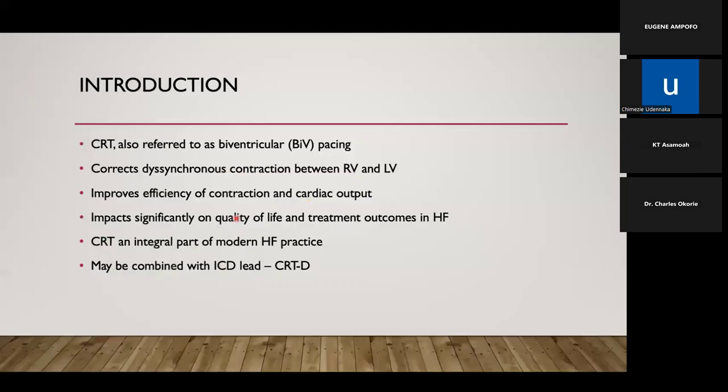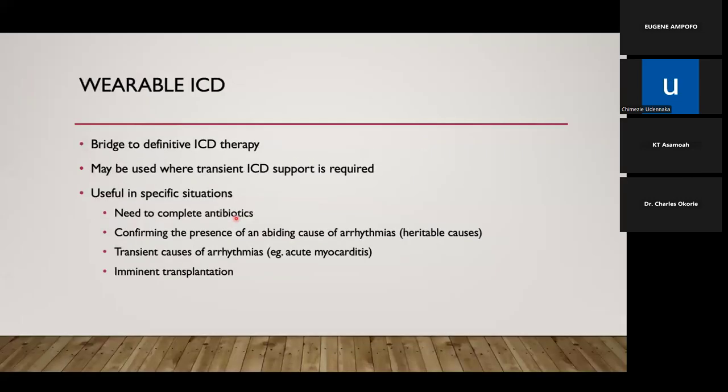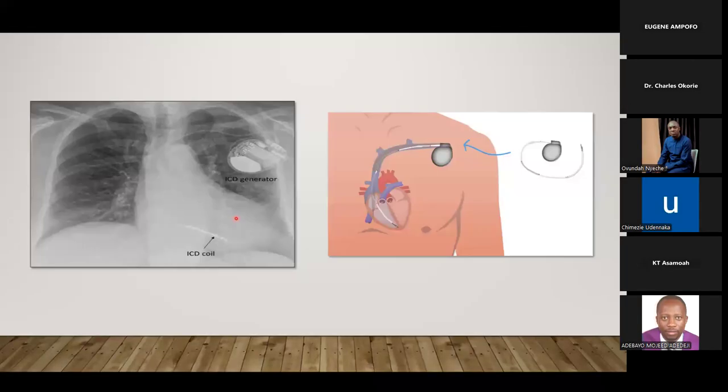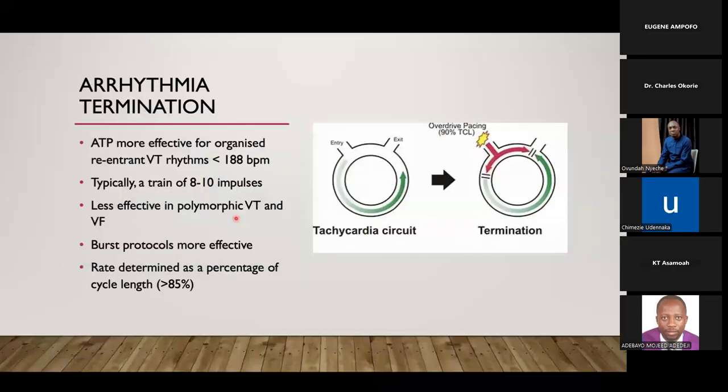Okay. So the principle of the anti-tachycardia pacing is that generally the impulse or the pacing impulse that has the fastest rate tends to dictate the rhythm. So then when you have an ICD in, the first line of attempting to correct the tachyarrhythmia is to do anti-tachycardia pacing.